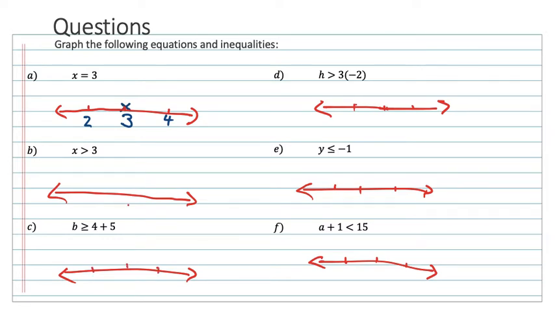Just as a side note, in the test that you'll be doing, you'll need to draw these with a ruler. I can't actually do it because my laptop doesn't have a ruler function on it. So I'm just going to have to freehand it.